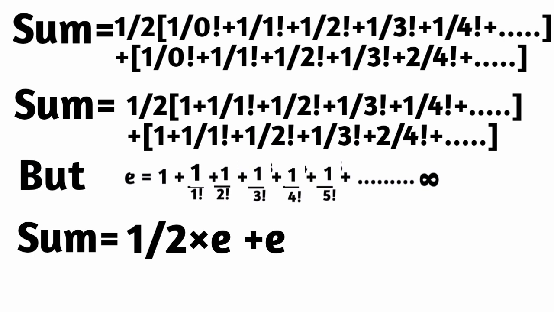This value e is equal to 1 plus 1 by factorial 1 plus 1 by factorial 2 plus 1 by factorial 3 plus 1 by factorial 4 plus 1 by factorial 5, and so on up to the infinity term. Now when we simplify 1 by 2 e plus e, this value is equivalent to 3 by 2 e. And 3 by 2 e is the answer of the given series.